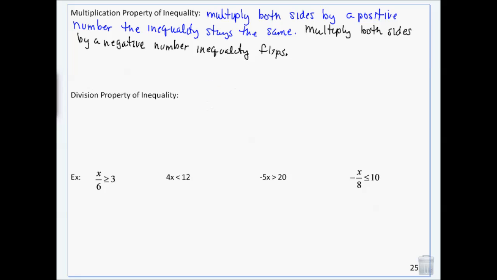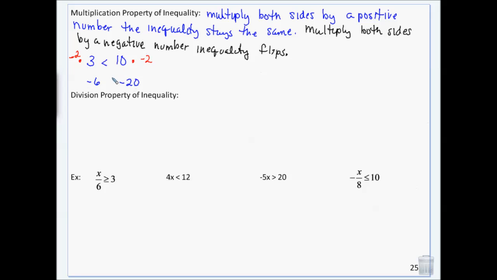Okay, so as an example of that, again, I'm going to use real numbers so it's very obvious. If 3 is less than 10, you guys all agree 3 is less than 10? Okay. And if I were to multiply both sides by -2, this becomes -6 and -20. -20 is not greater than -6, or -6 is not less than -20.